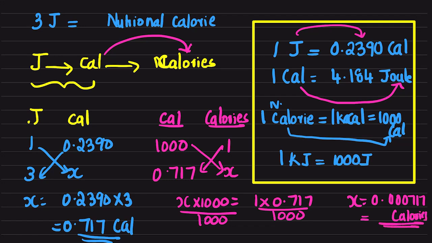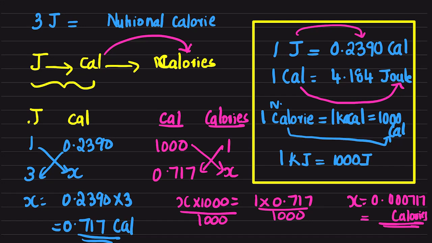So whenever we are getting such questions, we need to make a sequence like this. This table is important. 1 joule is 0.2390 cal, 1 cal is 4.184 joule, and nutritional calorie equals 1000 cal. Here they are asking you to convert joule to nutritional calorie. Cal and nutritional calories are related, and cal is related to joule.